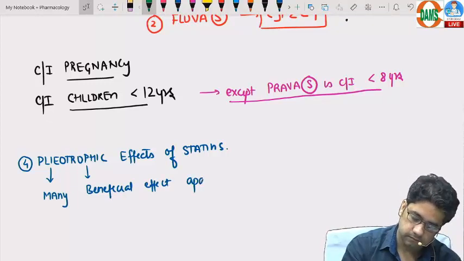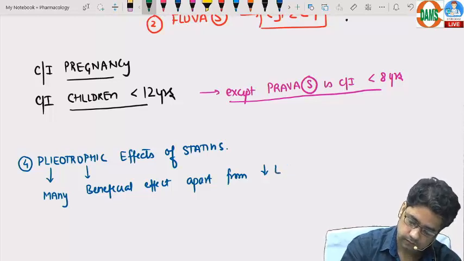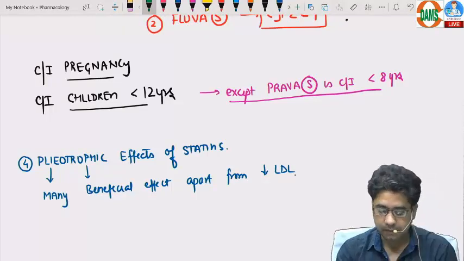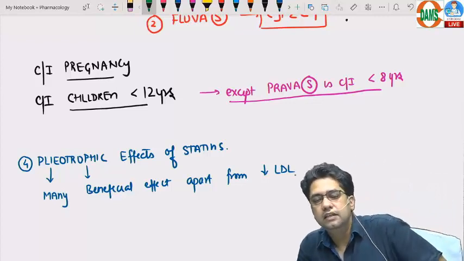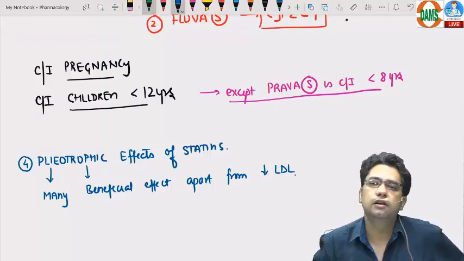Apart from decreasing lipid level or LDL level. Apart from decreasing LDL level, statins have many other beneficial effects.